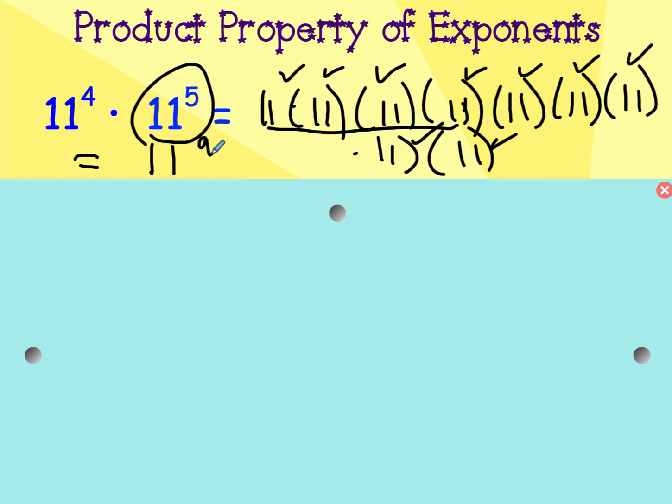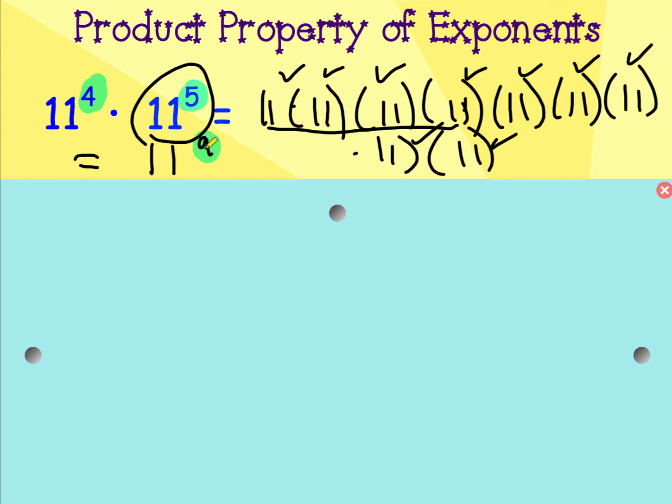So there's a relationship between those exponents that I had in my original problem and what I ended up with when I rewrote it as one base with one exponent. If I take 4 and 5, I had 4 11s, and then I had 5 11s, so altogether I have 9 11s that are being multiplied.